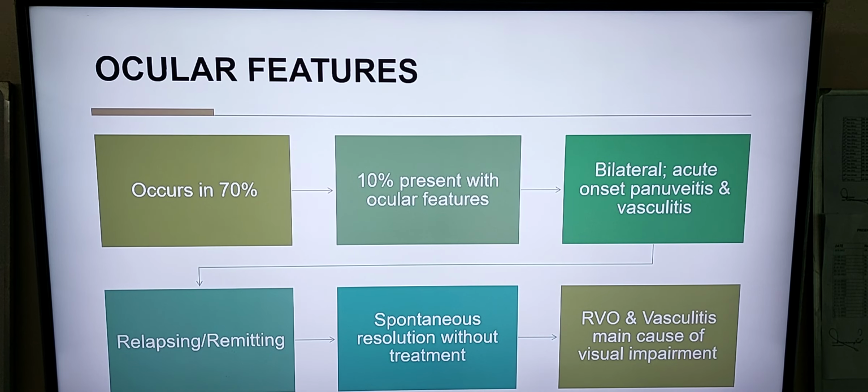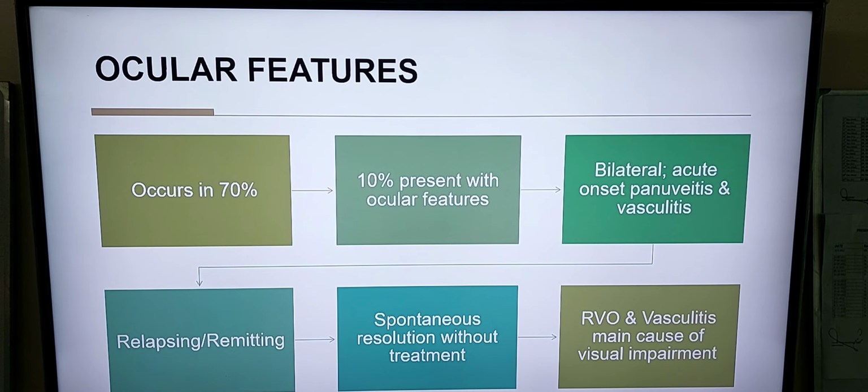The ocular features include acute onset panuveitis and vasculitis, which can be symmetrical or asymmetrical, usually bilateral, with a characteristic relapsing, remitting pattern of disease with spontaneous resolution without treatment. Most of these cases that were reported had a previous history of spontaneous resolution without treatment.